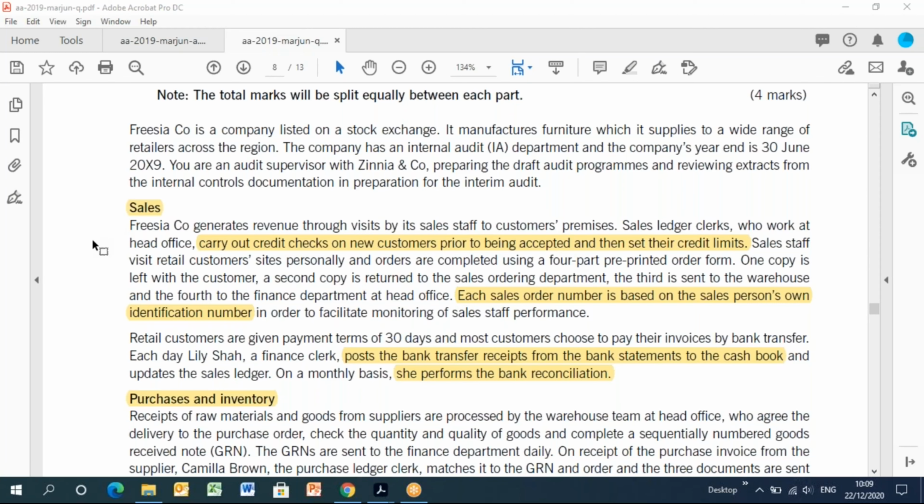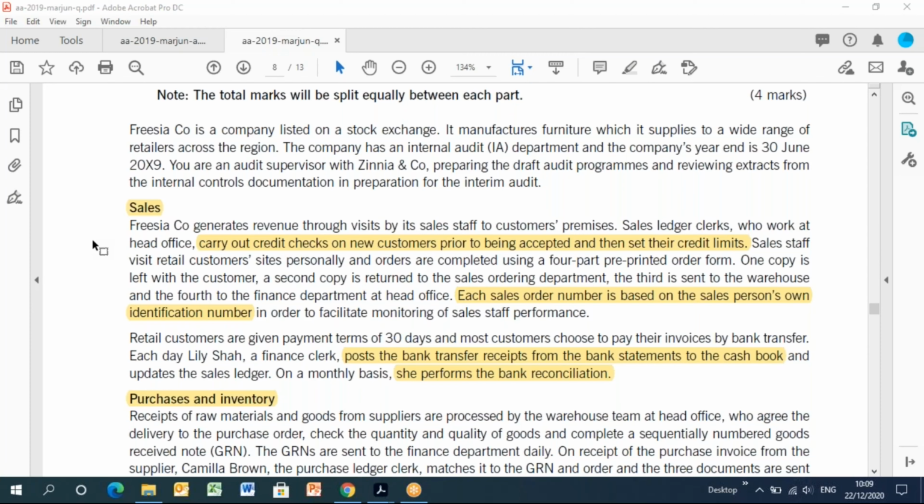This is a deficiency because a simple sales person cannot just set the credit limits. This should be made by a more senior person, a manager or a supervisor, but definitely not a person who works in the sales department who enters the figures in the system.